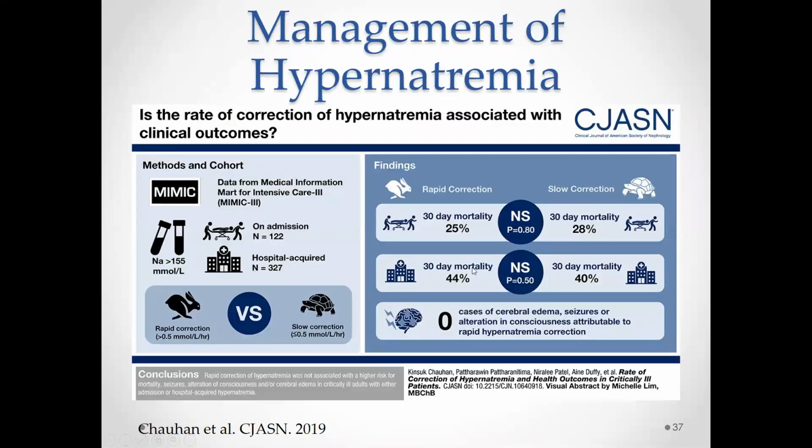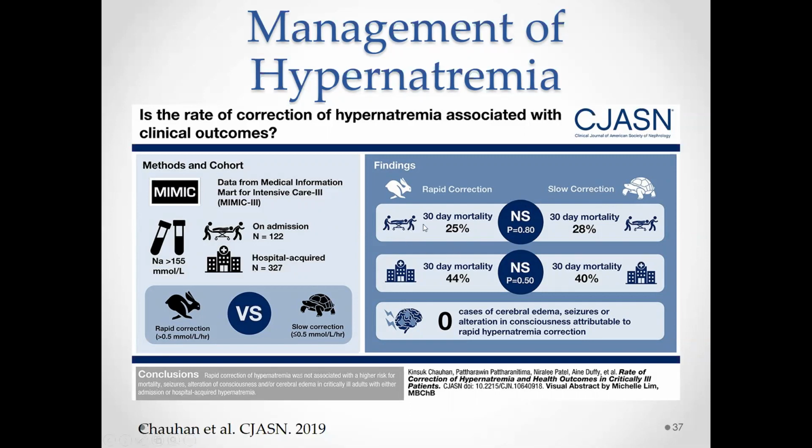Recently, another study came out, just another retrospective chart review. They look at sodium level on admission and hospital-acquired hypernatremia. The cutoff is 145, and they correct these patients rapidly versus slowly, with a goal of either less than 0.5 or more than 0.5, and they compare the mortality between the two groups.